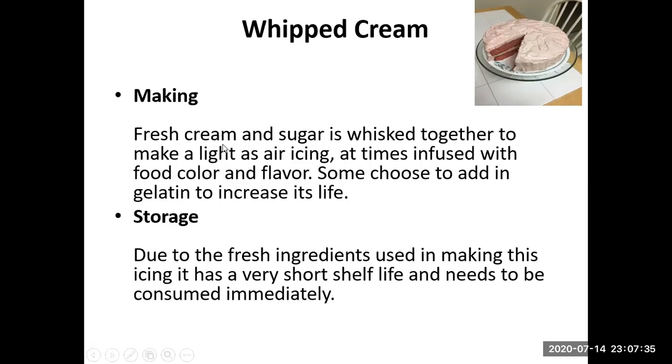Whenever you just mix them together, this cream will be prepared. It is easier to prepare than the buttercream, as you use already prepared cream. And as cream is mainly used there, and it is a very fresh ingredient, its shelf life is not so much longer.